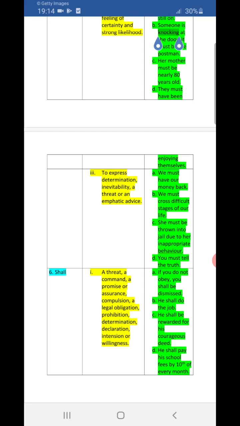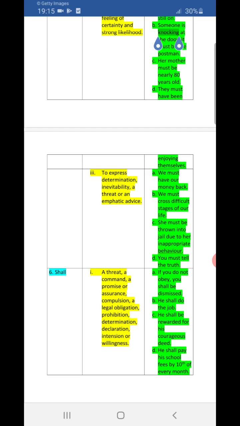Next one. 6. Modal is shall. Purpose number 1. It can be a threat, a command, a promise, or assurance.